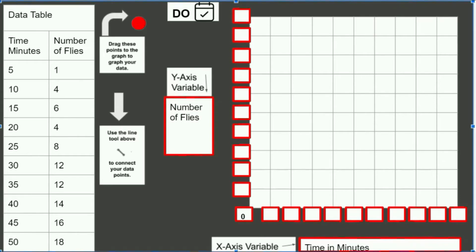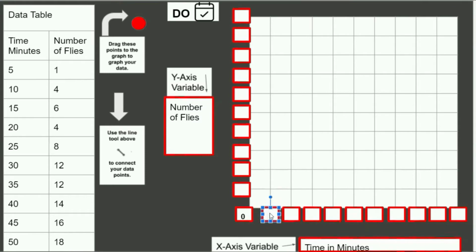I have 50 divided by 1, 2, 3, 4, 5, 6, 7, 8, 9, 10. So I'm going to divide that by 10, and that gives me 5. That's a nice number to count by. So I can count by fives all the way up to 50 for my scale on my graph.